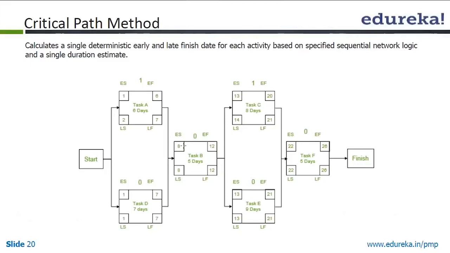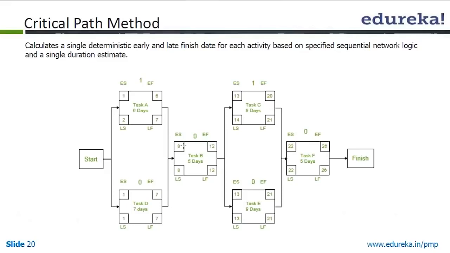So 22 becomes your late start. Now 22 minus 1, 21, becomes your late finish for the previous task. That means if you finish on the 21st day, then on the 22nd day you start the next work. So if on the 22nd day you are starting something, the earlier task should complete by the 21st, the previous day.